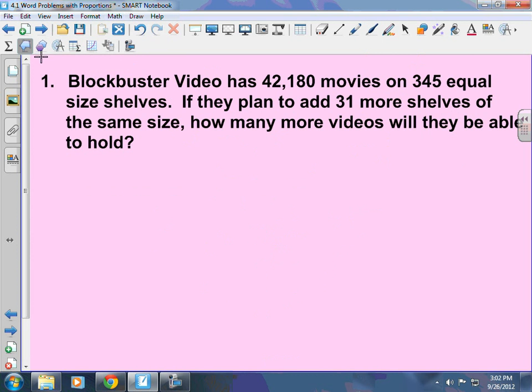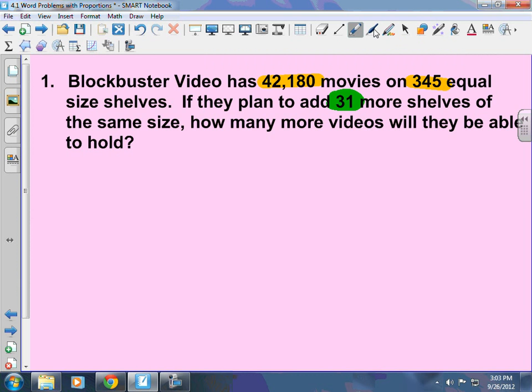Okay. Now, here, we're given some information. We're told that Blockbuster has 42,000 movies on 345 shelves. And we're also told that they plan on adding 31 more shelves.